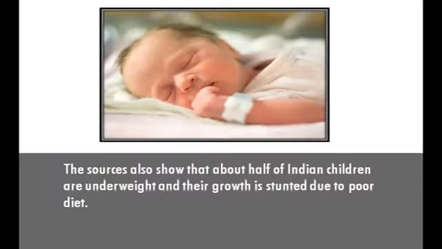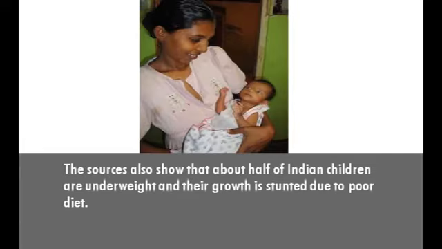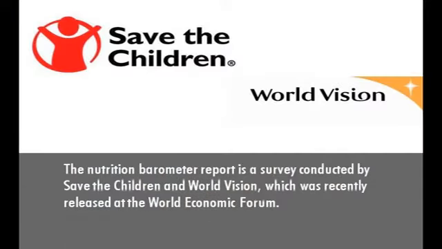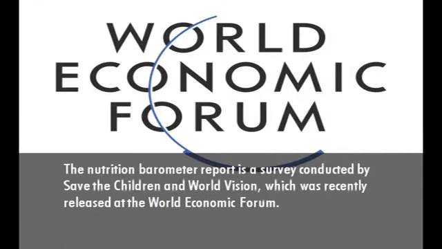The sources also show that about half of Indian children are underweight and their growth is stunted due to poor diet. The Nutrition Barometer report is a survey conducted by Save the Children and World Vision, which was recently released at the World Economic Forum.